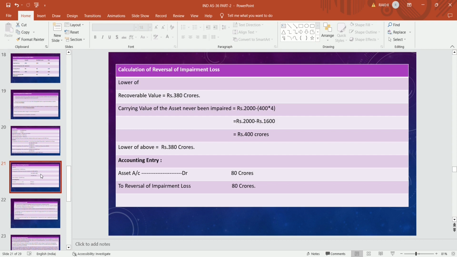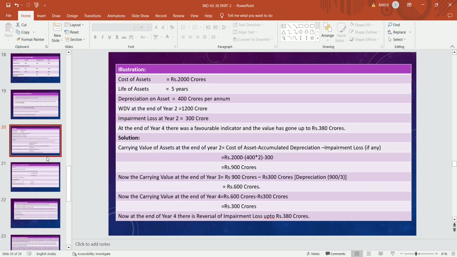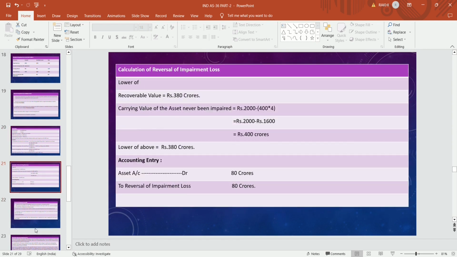That is, asset account debit 80 crores to reversal of impairment loss, to the extent of 80 crores. Reversal is to the extent of 80 crores. So asset account debit 80 crores to reversal of impairment loss 80 crores. Now this is the example of an individual asset.